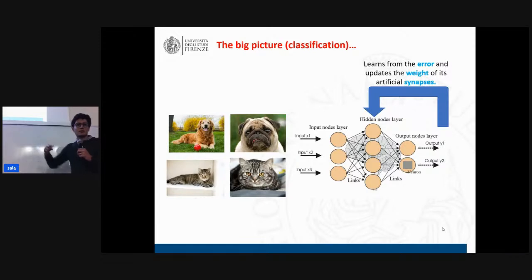You repeat this process a lot of times, so you make the network see a lot of images a lot of times. You correct it each time that it makes a mistake, and eventually you will end up with the correct synaptic weights that make the network classify a dog as a dog and a cat as a cat, okay?